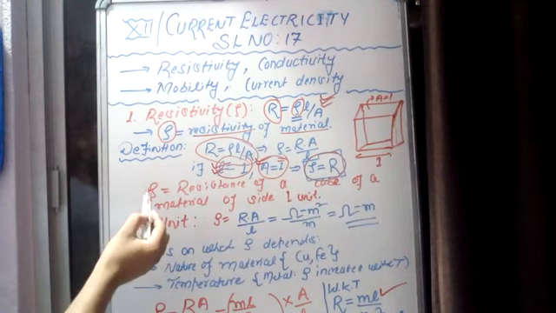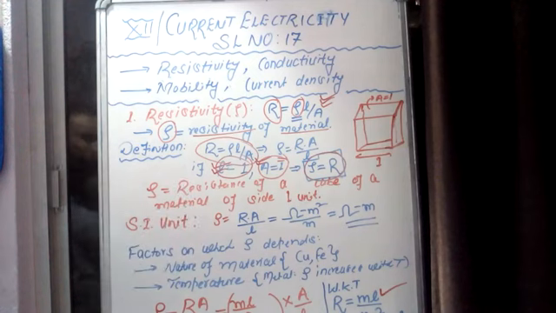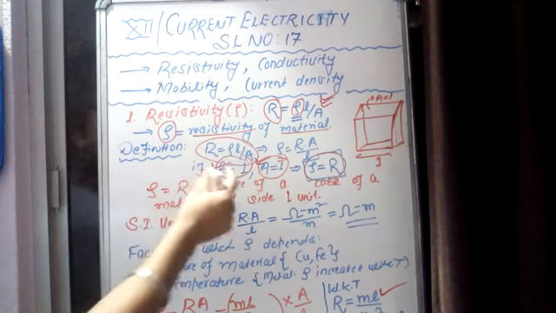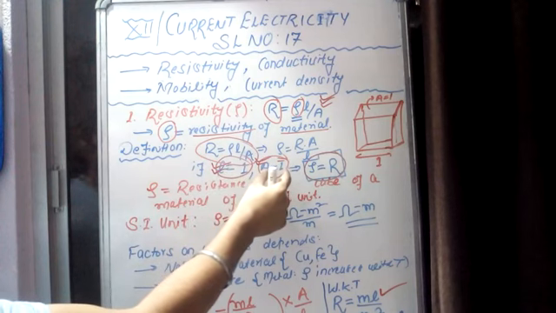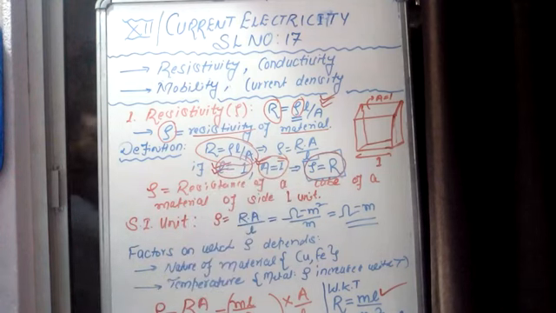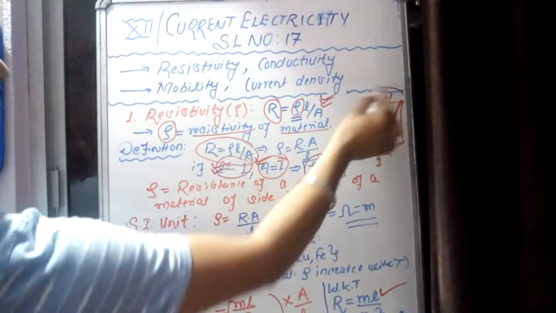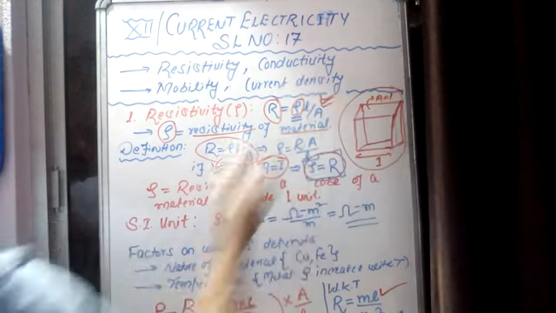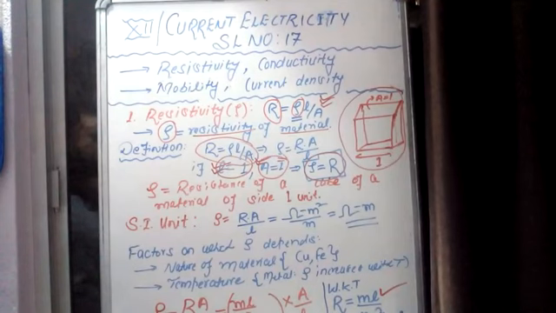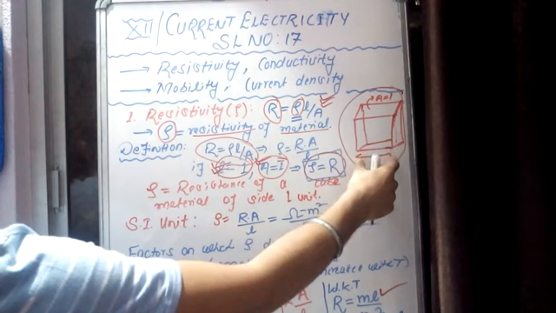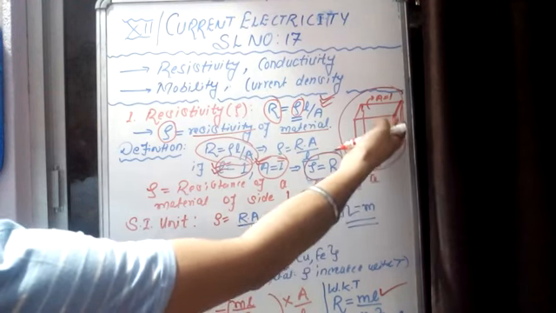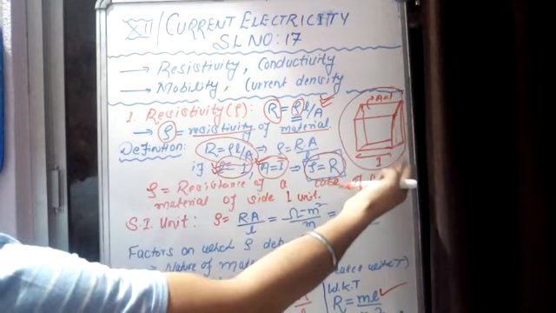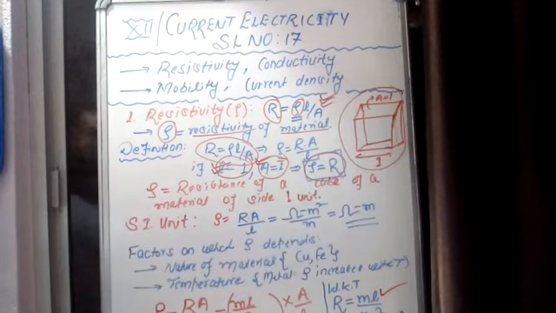Now, if we take any conductor having length 1 and area of cross section also 1 unit, the very simple example we can take is a cube. Suppose I have iron material, and I made a cube out of it. The side of the cube is unity, that is 1. And what is the area? Area is length into length, side into side, that is again 1.